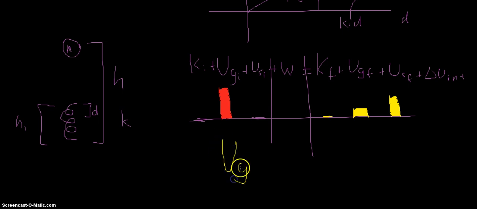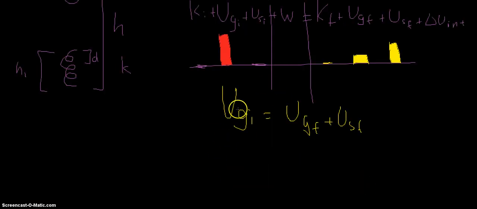U_G initial is equal to U_G final plus U_S final. Now let's see what the components are.